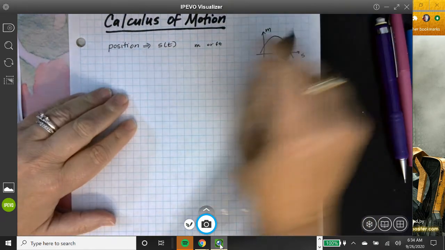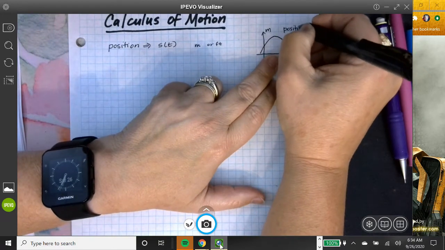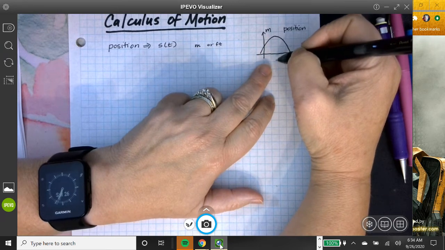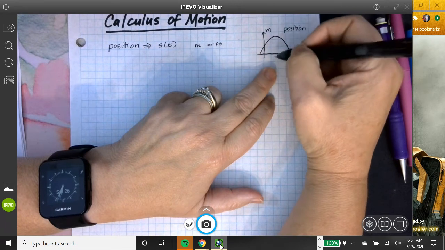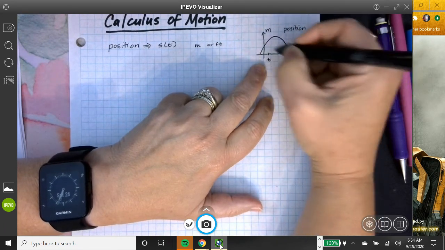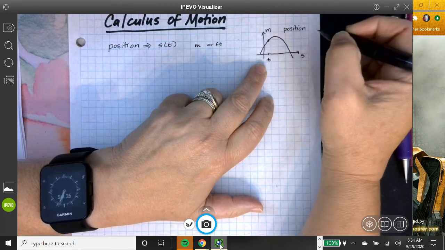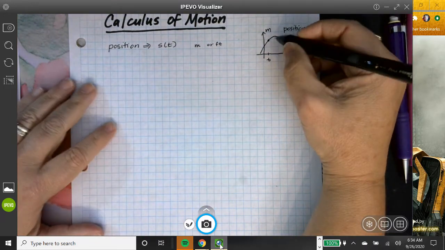All right, so this is my position function, which states where I'm standing at time equals t. Sometime t I'm standing at a position, or my particle is in this position, or the ball I throw in the air is in this position at time t.